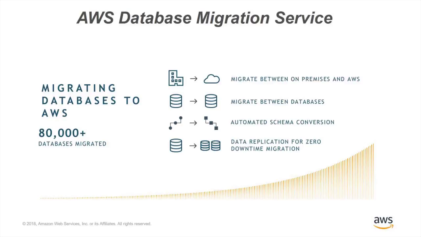Schema Conversion Tool is basically used by customers to do automated schema conversion and schema compare to make sure their migration is successful when they are changing engines. And at the same time, DMS is also helping you to do a zero downtime migration and data replication, helping your business to run effectively without any issues.